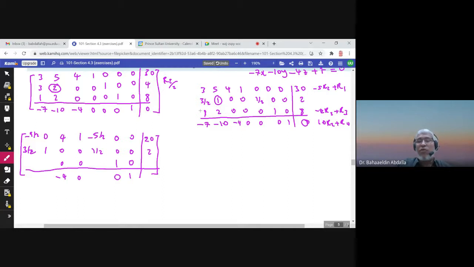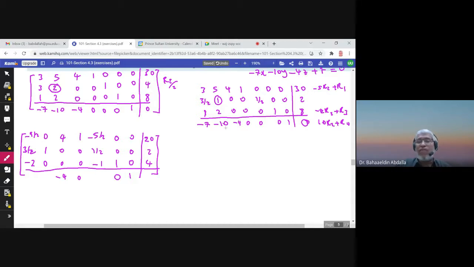The third row. Negative 3 plus 1. Okay, because here we get negative 3. Negative 2 plus 2, 0. Negative half. Negative 2 times half is negative 1 plus 0, negative 1. And negative 2 times 2 is negative 4 plus 8, that's 4.